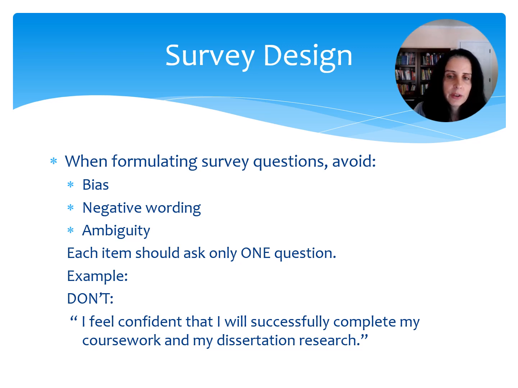Another issue here is including the word successfully. What does successfully mean? Is it just passing the courses or having a 4.0 GPA? Different students may have a different notion about what success means, and we have no way of knowing what each one of them has in mind when they answer this question.